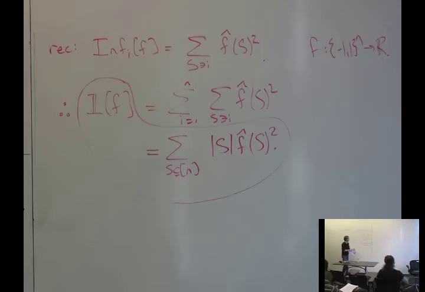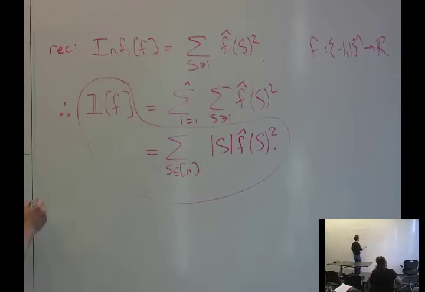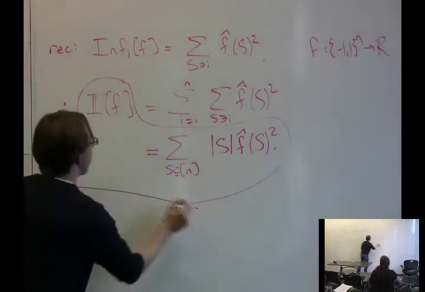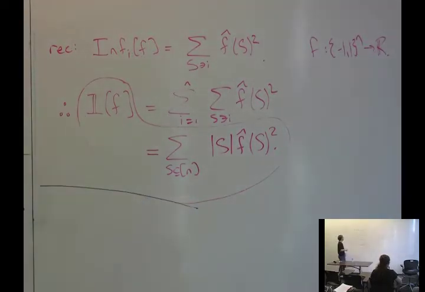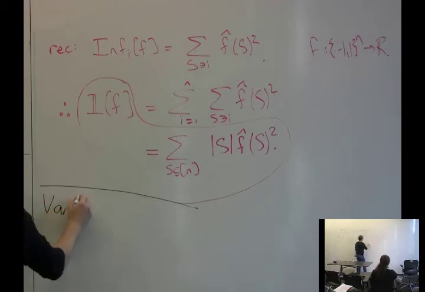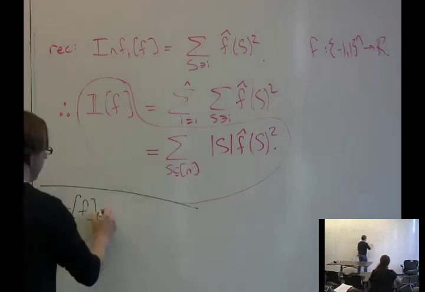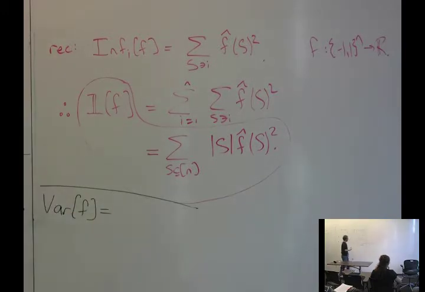So now that we have this formula, we can prove a very basic but important theorem. If you remember another formula, this was probably from class 1, the variance of F was also a sum of Fourier weights.